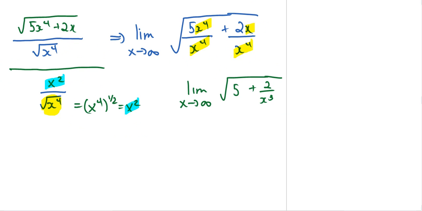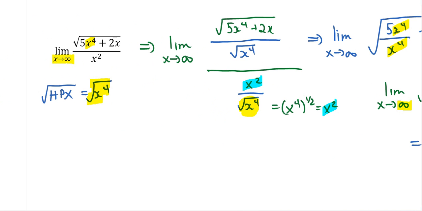And now that I've simplified this problem as much as possible, I can do a direct substitution step here. If I plug in infinity for this x value in the denominator, that will simply go to 0, and I'm left with a final answer of root 5. All right, so that's how you would do one of those limit questions when x is going to infinity when you have a square root involved.